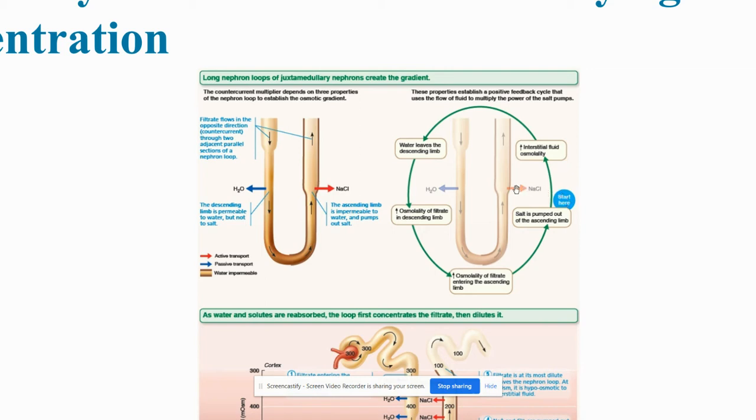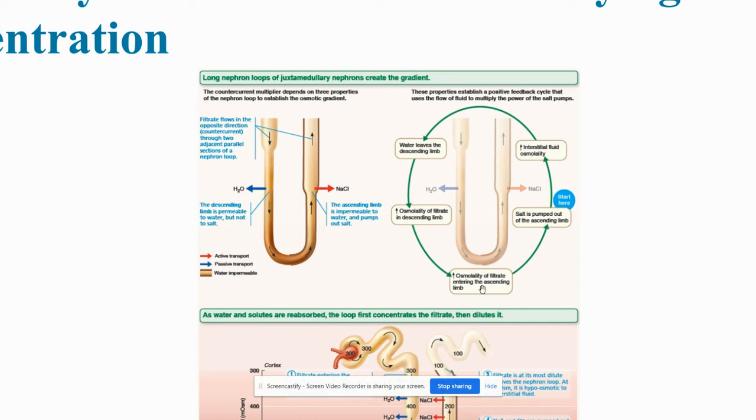So we have salt leaving the ascending limb here. As salt leaves the ascending limb, the interstitial fluid osmolarity is going to go up. As the interstitial fluid osmolarity goes up, that makes water want to leave the descending limb. As water leaves the descending limb, the osmolarity of the filtrate, which is in here, goes up.